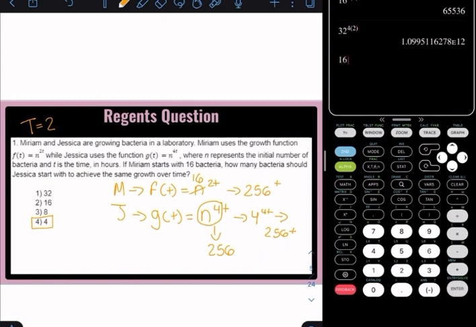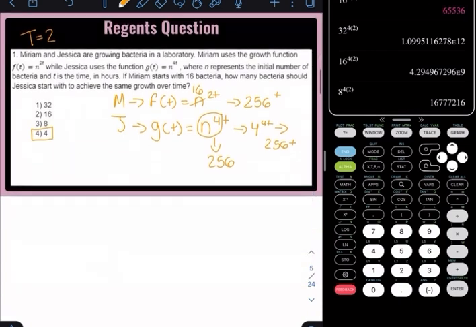Let's try 16 to the 4th power where t is 2, not the same number. 8 to the 4th power where t is 2, no good. And what about 4 to the 4th power where t is 2? That does equal the initial number we got. So it would be answer choice 4, I meant, sorry.